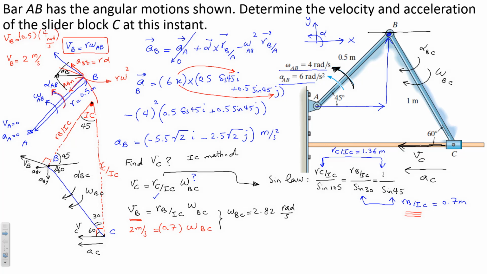How can I find VC? Just plug everything in this equation: 1.36 times omega BC, 2.82, it's equal to 3.84 meter per second.